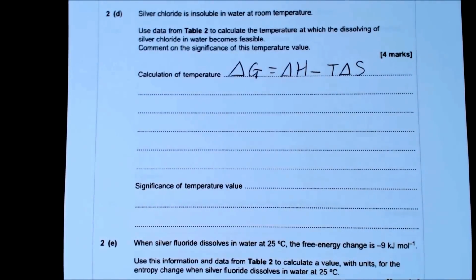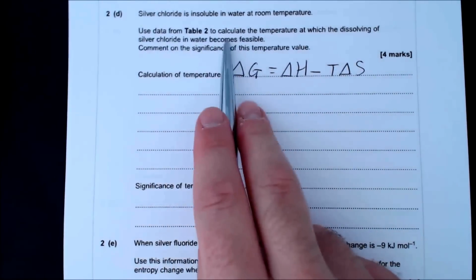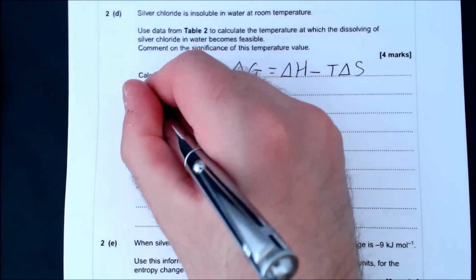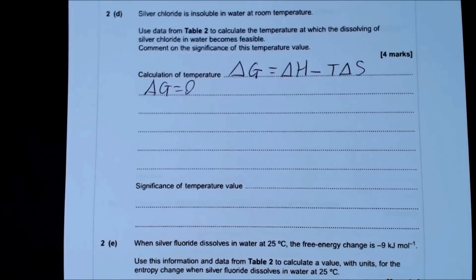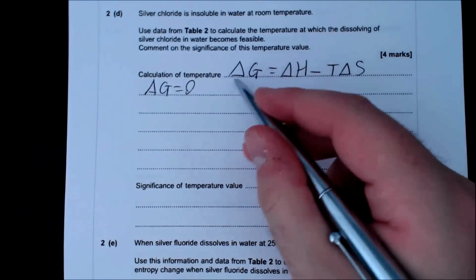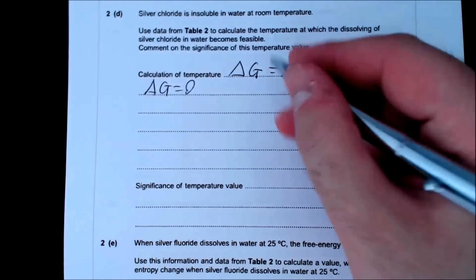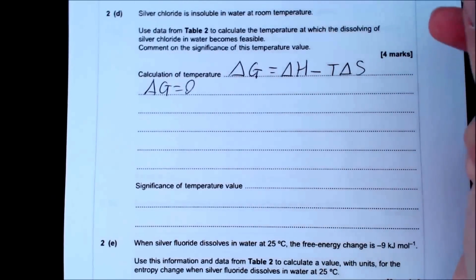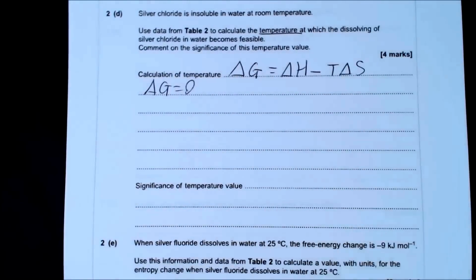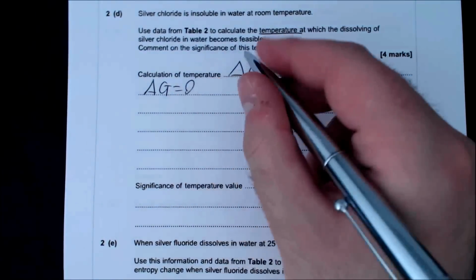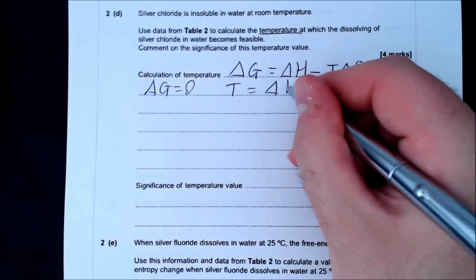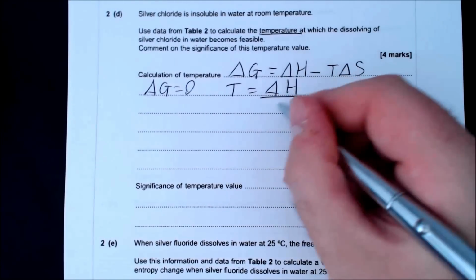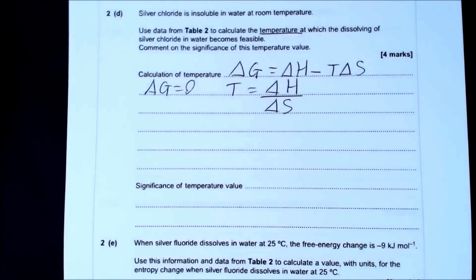Okay, now, like I say, we assumed that when a reaction just becomes feasible, the value of delta G equals 0. So we can completely disregard that out of the equation. We'll take that one out. And then we're wanting to work out the temperature at which this becomes feasible. So we need to rearrange our equation, and we should get T equals delta H over delta S.